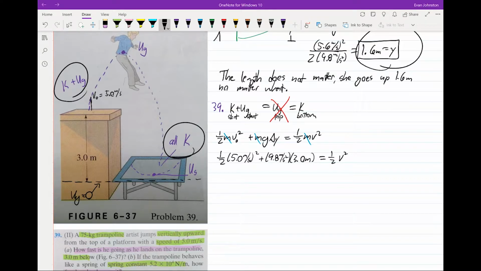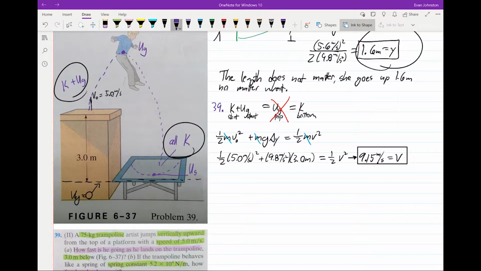So we have half of 25, so that's 12.5, and then half of a little under 30, and we add those together, and then we double it, but then we're going to take a square root, and at the end of the day, when I do all of my algebra, I get 9.15 meters per second equals v. That is how fast he's going at the bottom.